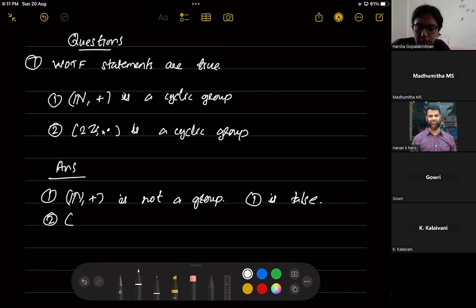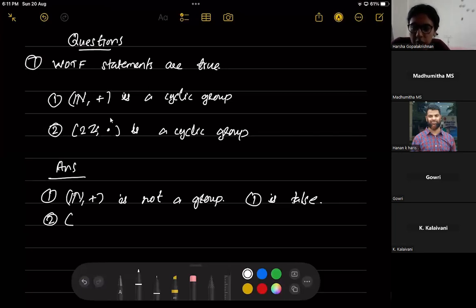What is the operation here? Here the operation is multiplication and the 2Z means, not a group. Like for example, if I am taking an element 2 under multiplication, its possible inverse is 1 by 2. It is not there, right? First of all, it is not a group.